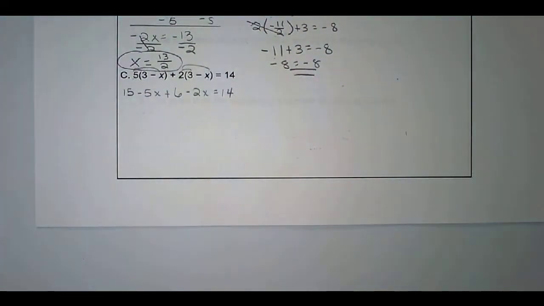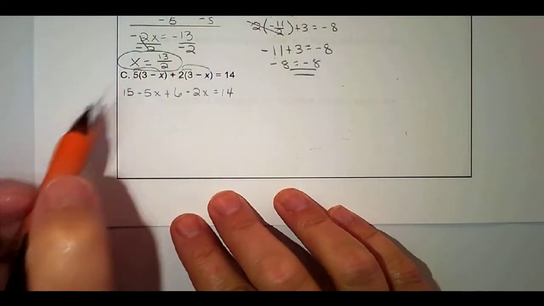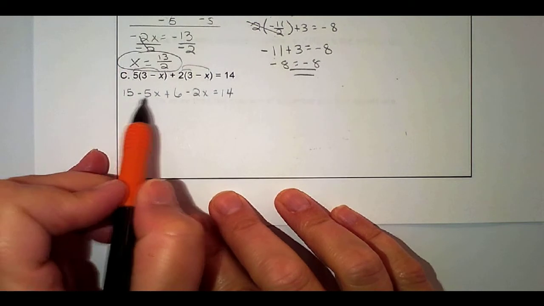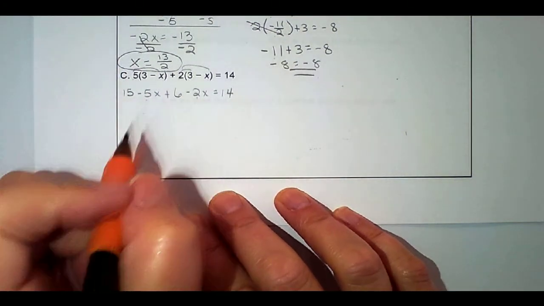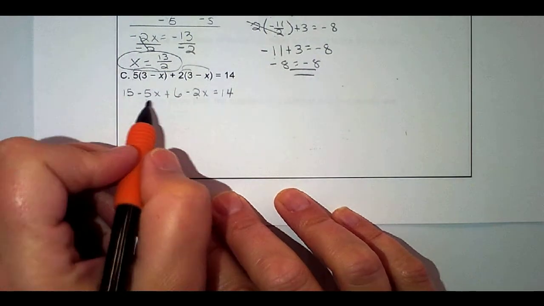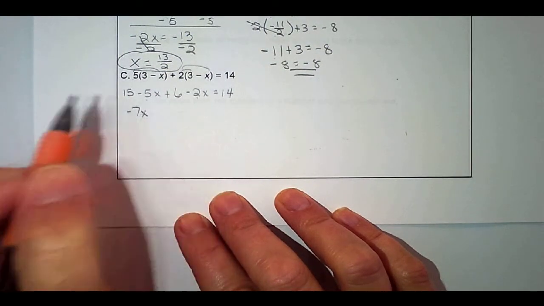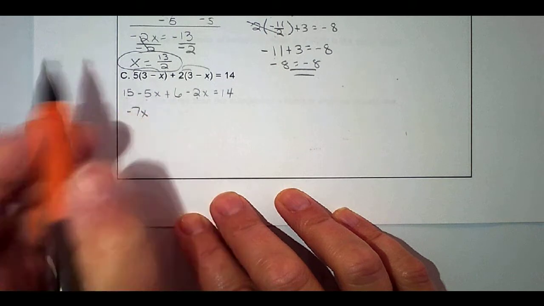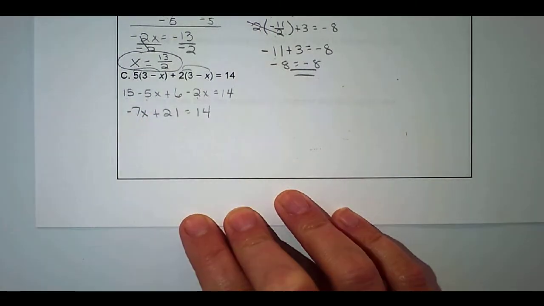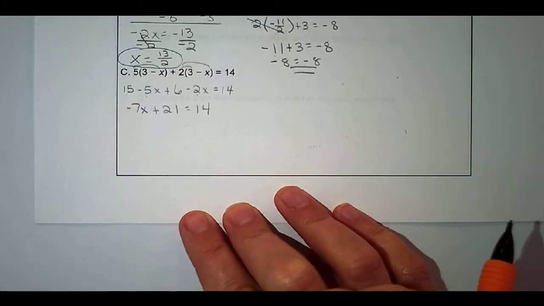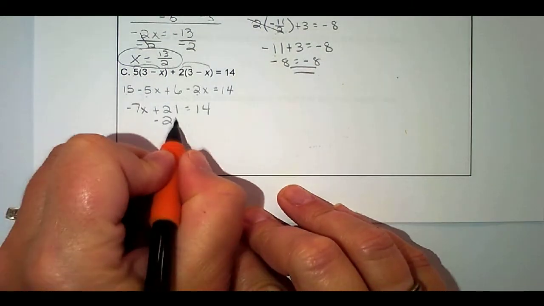Next thing is to combine like terms, so putting my friends together. So I have -5x minus 2x, so same sign, add and keep the sign, -7x. And I have 15 plus 6 is 21 equals 14. I need to get -7x all by itself, so subtract 21.